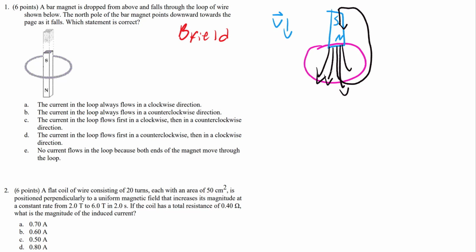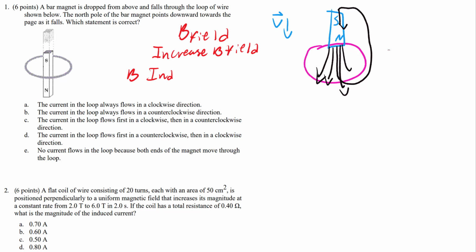It's important for you to know that whenever you increase the B field, your induced B field, let's call that B induced, is going to be in the opposite direction from where you came from. So it's going to be in the opposite direction.